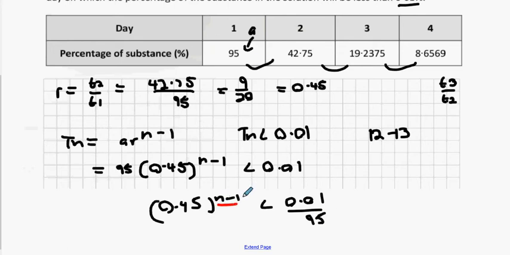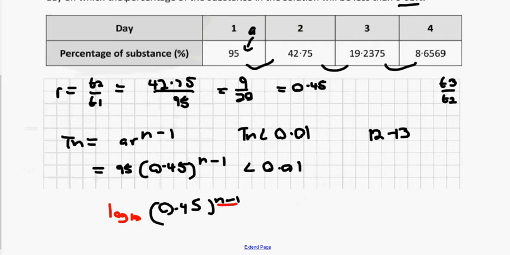So because that's in the power position, we're going to have to log both sides, okay? So we go log base 10, any log, to be honest. Any log whatsoever. We can do ln if you wanted. Same answer will result, okay?